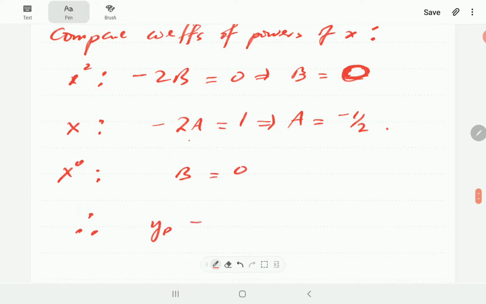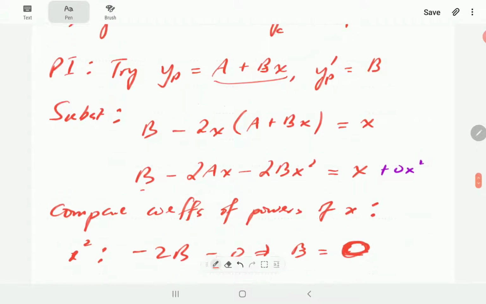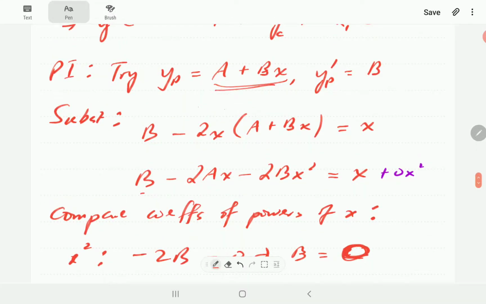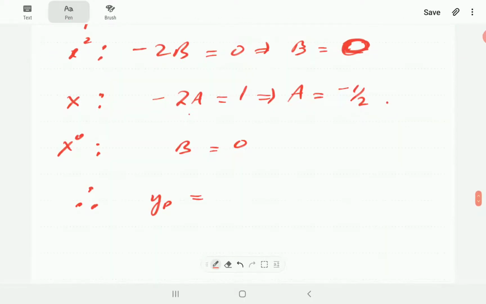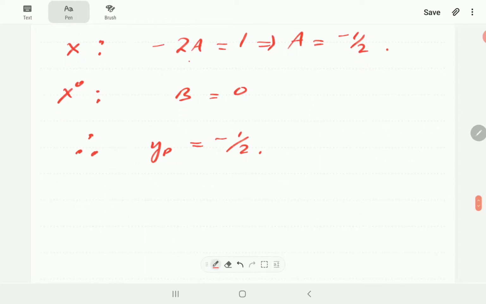So our particular solution, therefore, is going to be given by this expression with b is 0 and a is negative 1/2. So it's just negative 1/2.